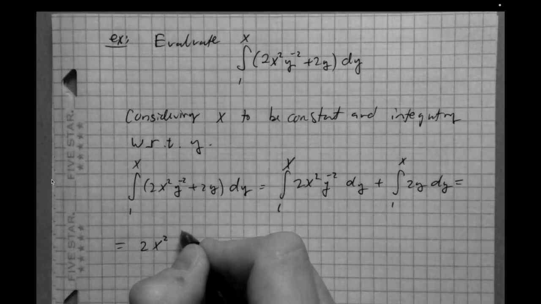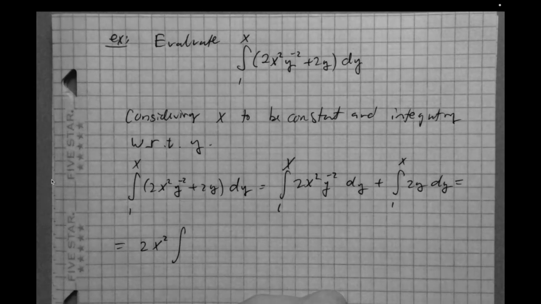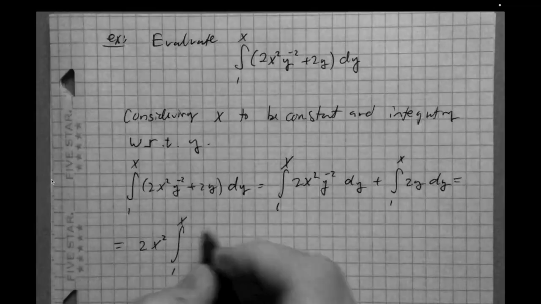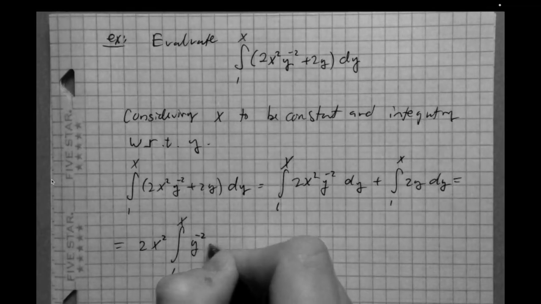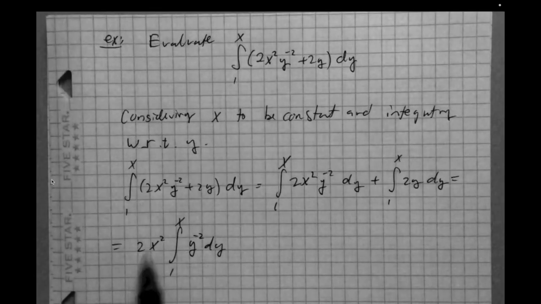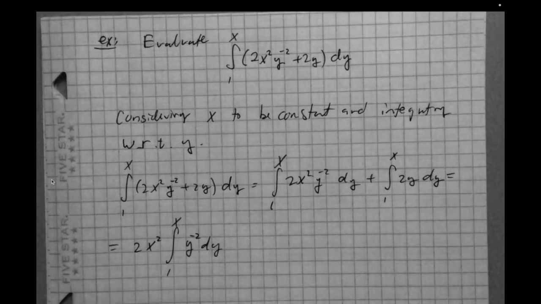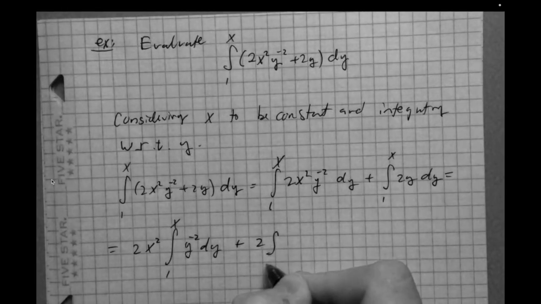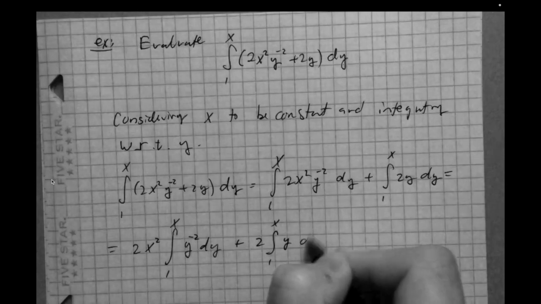Of course, you don't have to do that, but as you're getting used to integrating multivariate functions, with both variables in the integrand but integrating with respect to only one of them, you have to be very cautious at the onset to make sure you're getting the setup right. And then this other one is 2 times the integral from 1 to x of y dy.